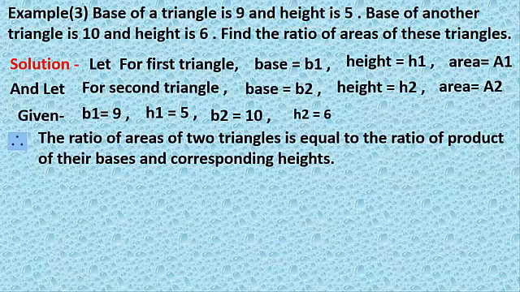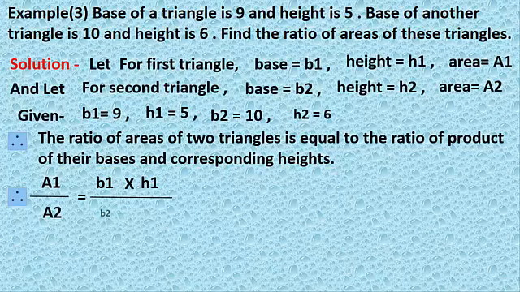Therefore, take the ratio of areas of two triangles, means A1 divided by A2 is equal to product of base and height. For first triangle, base B1 into height H1, divided by for triangle A2, base B2 into height H2, is equal to, substitute values.